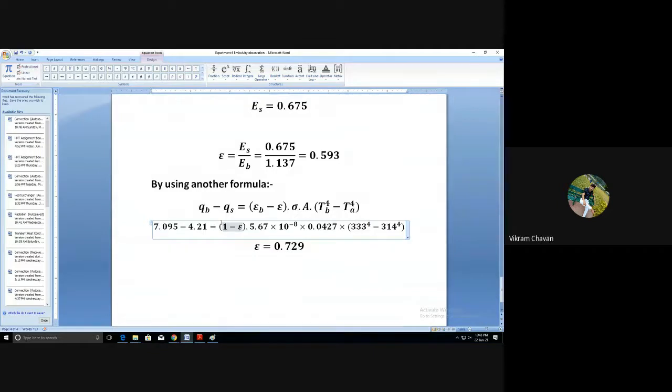You can use the trial and error method for the emissive power of a black body. This is the actual final answer, so if you put it in this bracket in the formula and use trial and error, you can get the actual value for the emissive power of a black body. So by using this formula we can also determine the emissivity for the gray body, and there will be some difference. How much are we getting?